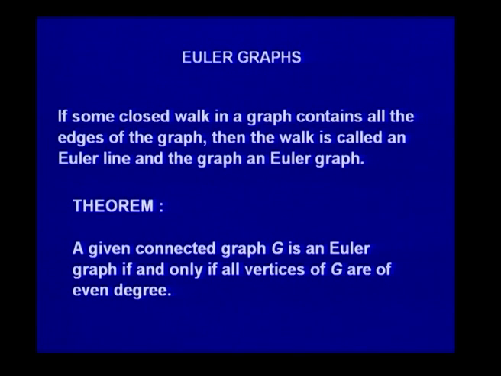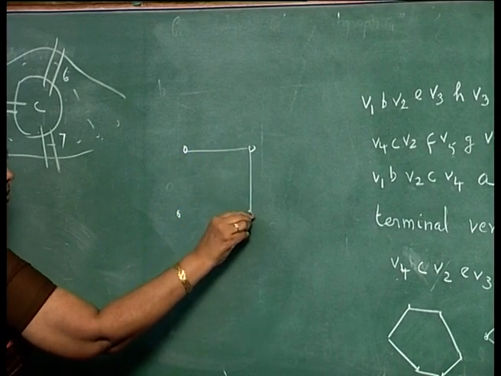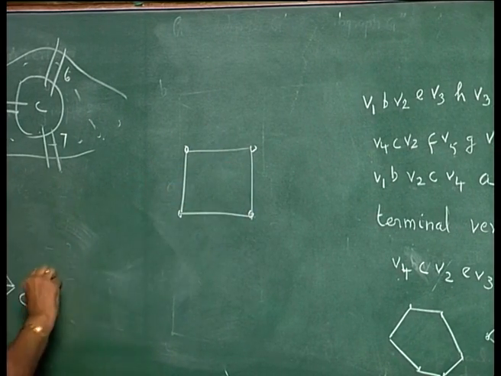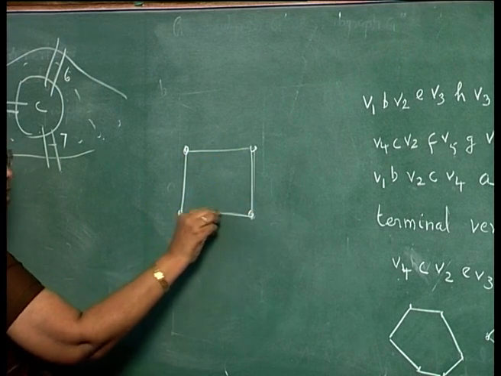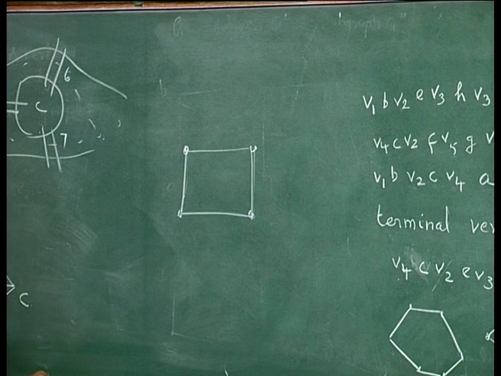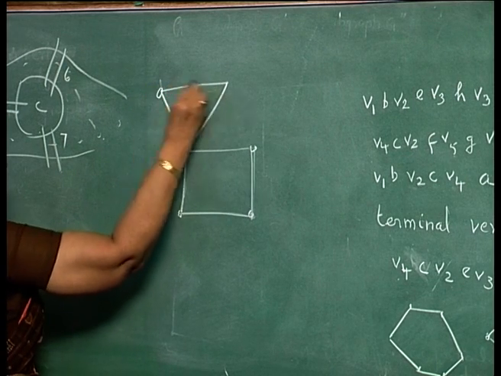Take for example this, a simple one, a circuit. Start from here, you can traverse all the edges and come back to the same position. You may also have something like this.